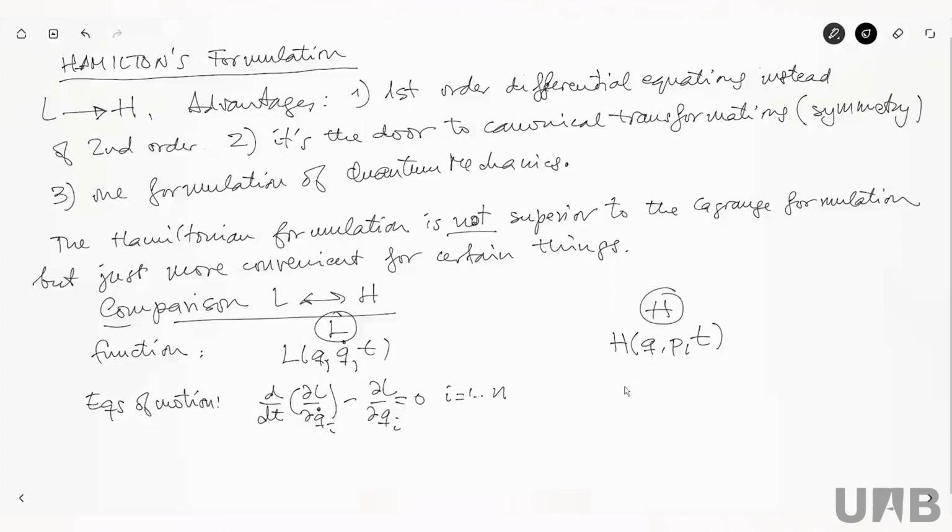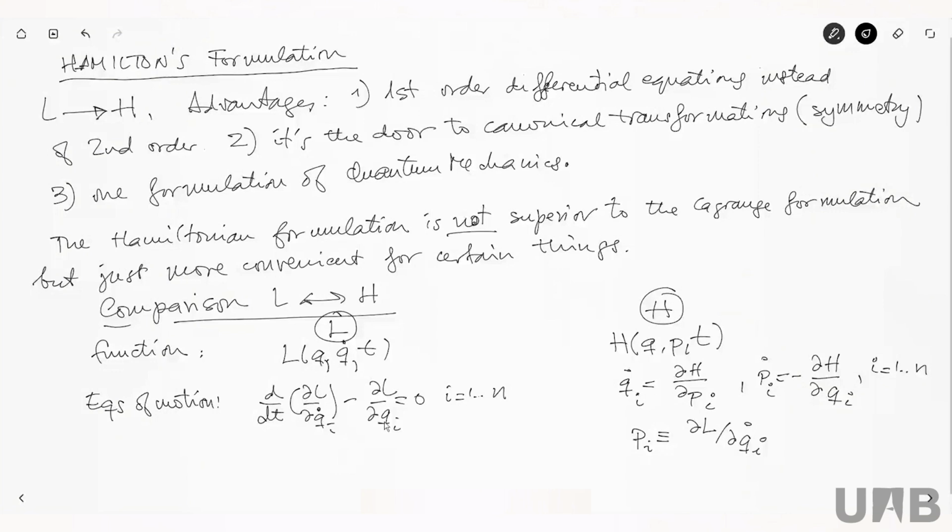And here it is: q dot i equals the partial of H with respect to p i, and p dot i equals minus the partial of H with respect to q i, for i from 1 to n. Okay? Where p i, by definition, is the derivative of L with respect to q dot i.